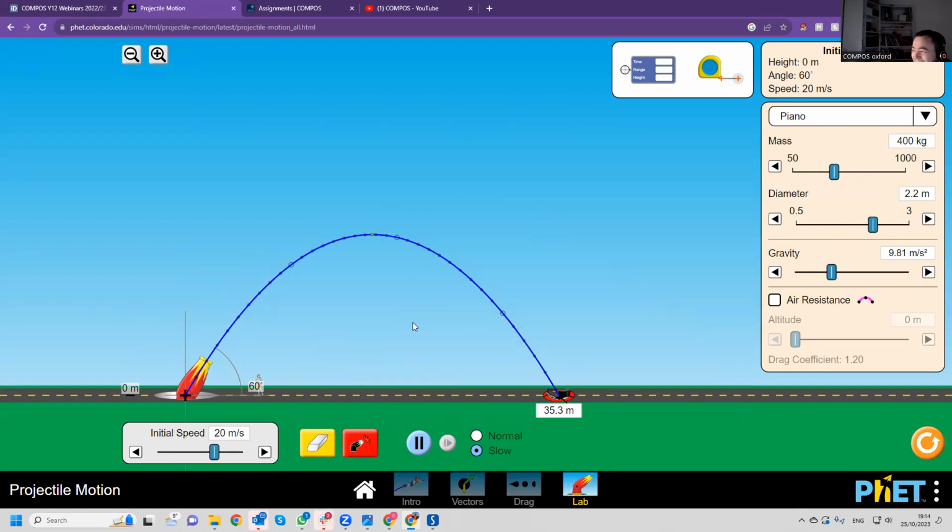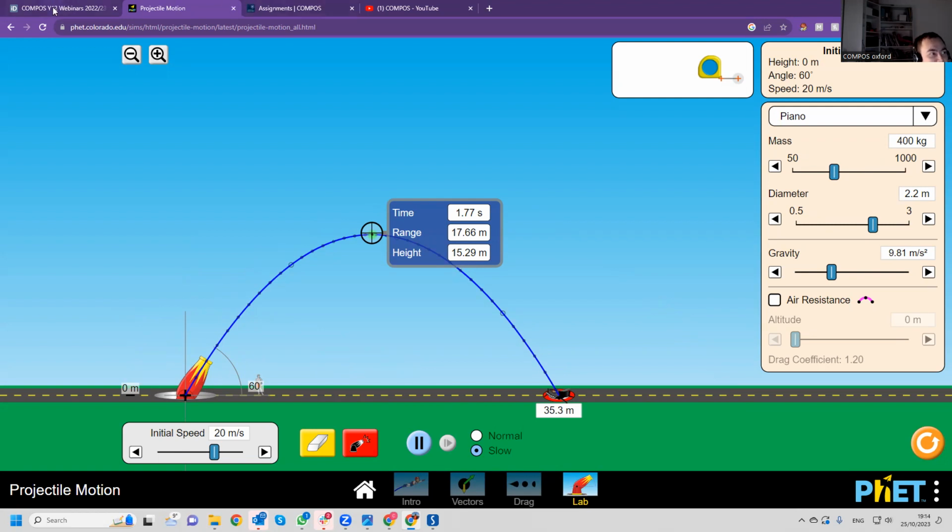Okay, and now you can measure the distance. The range is 35.3 meters. That's true. The time, it took 3.53 seconds, indeed. And the maximum height is, ooh, we're off. We're quite significantly off.